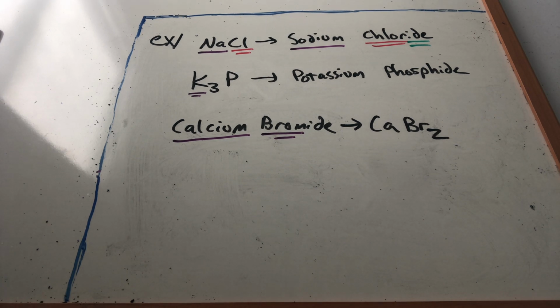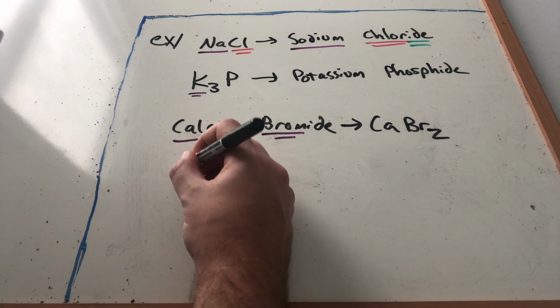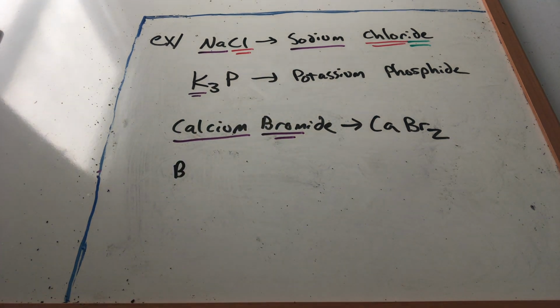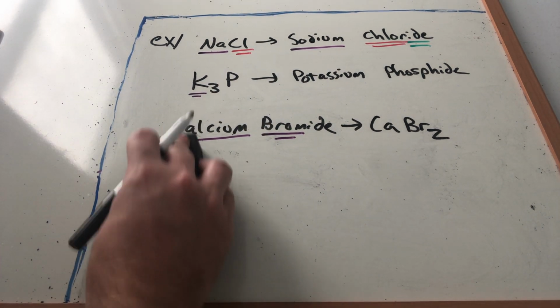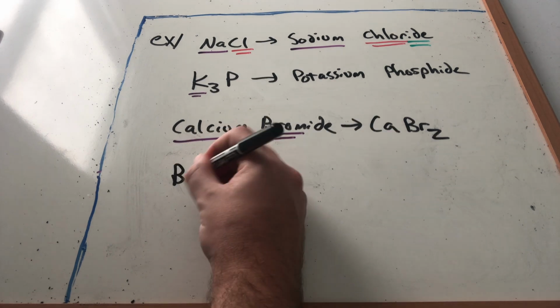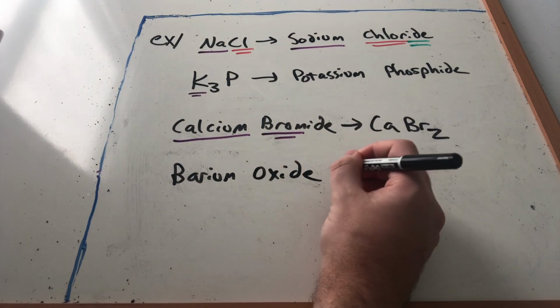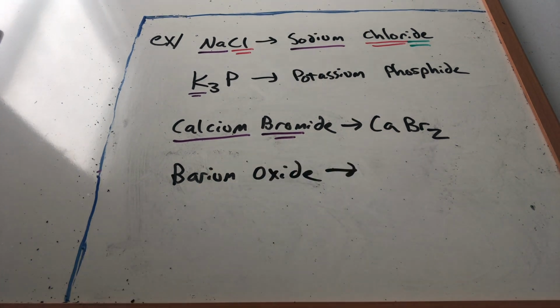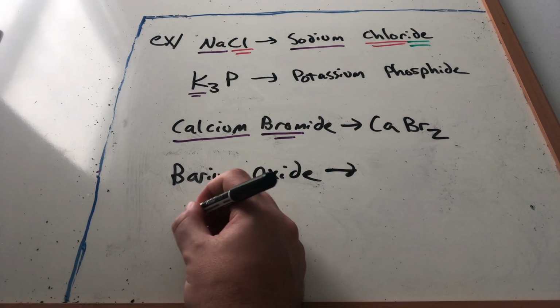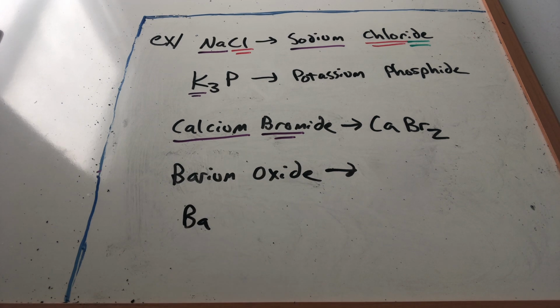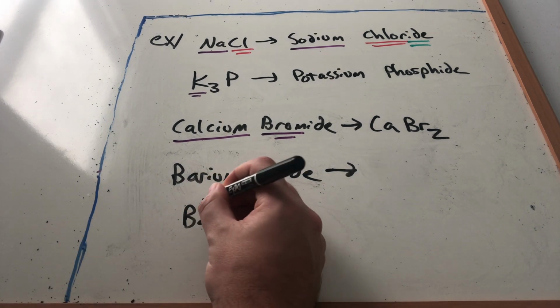Okay. What about beryllium, which is Be? Let's do something that's easier to spell. How about barium oxide? Again, we look for Ba here. Ba is in group 2A, so it's going to have a +2 charge.